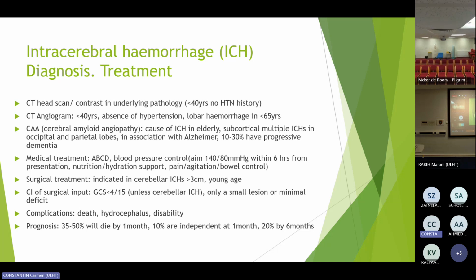In amyloid angiopathy, amyloid angiopathy should be explored, especially in elderly patients. We could have presentation of subcortical multiple hemorrhages within occipital parietal lobes. We can have an association with Alzheimer disease.